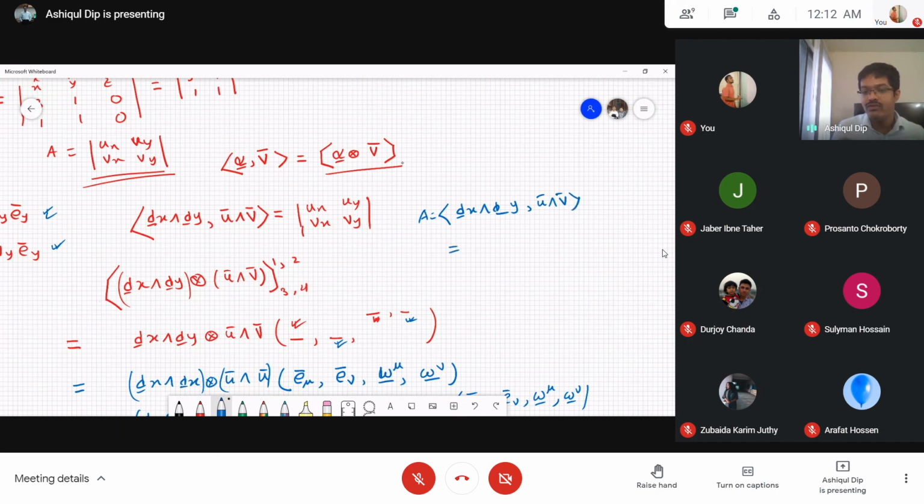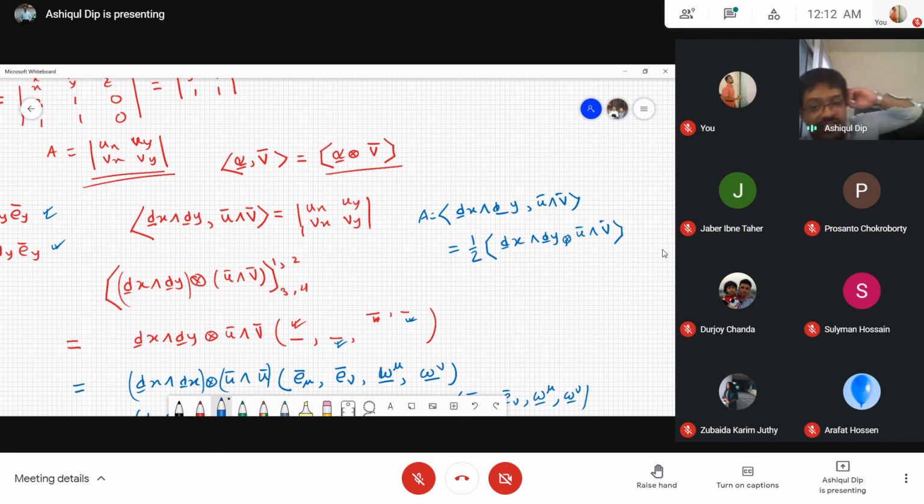So what's the relation with the ordinary contraction? What's the factor? 1/2. Half. You have to multiply this thing by half.